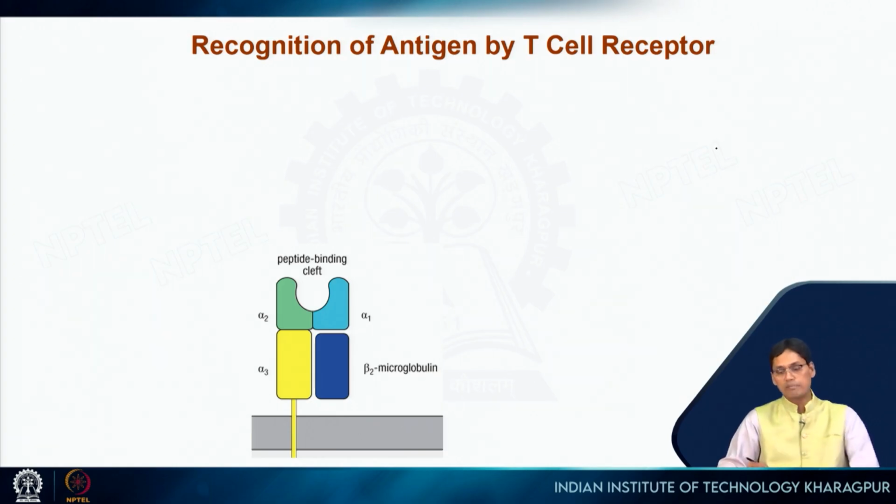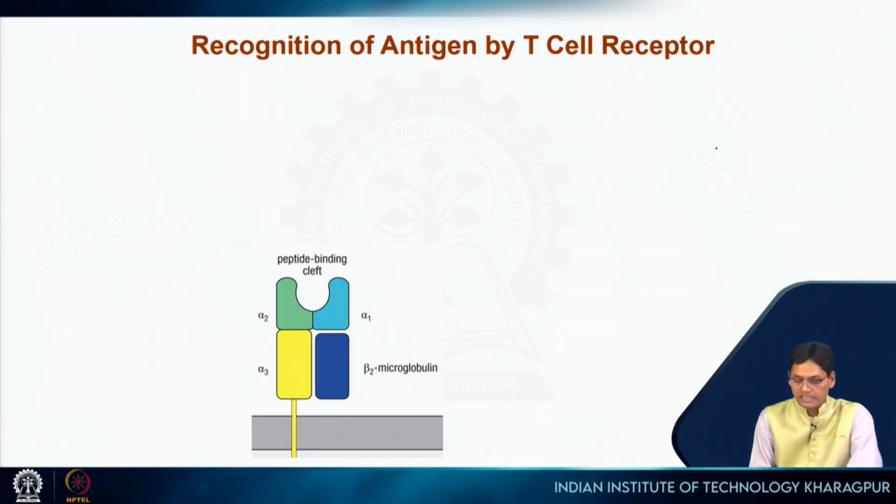Now let's see what is happening in the T cell receptor. The basic difference between antigen recognition by the T cell receptor and the B cell receptor or antibody is that the TCR recognizes processed antigen, only a small peptide which is presented by the MHC molecule, or major histocompatibility complex.